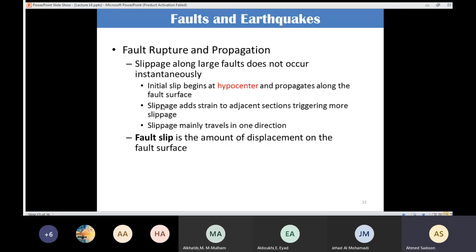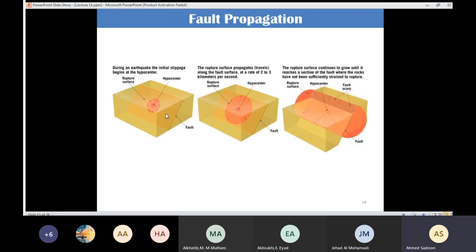like you can see in this picture here, if this one is the hypocenter, we already defined the hypocenter as the point where the slippage is going to start. And this one is the fault. This one represents the hanging wall, and this one represents the foot wall. And this one is the rupture surface.